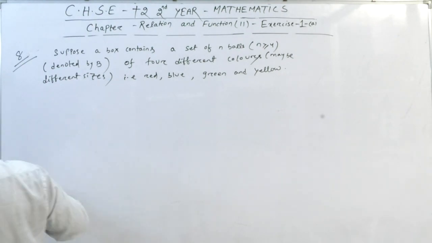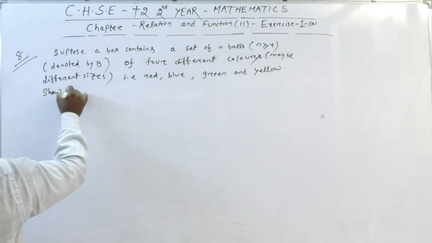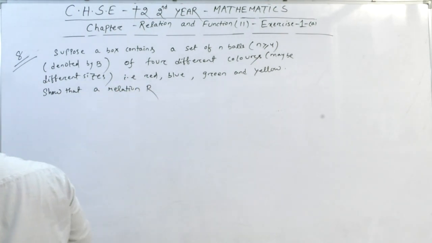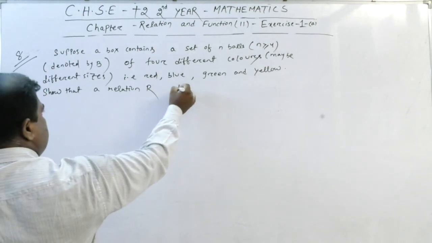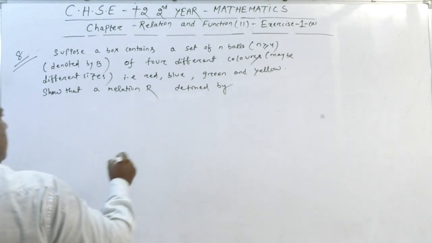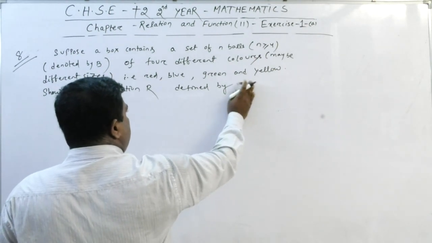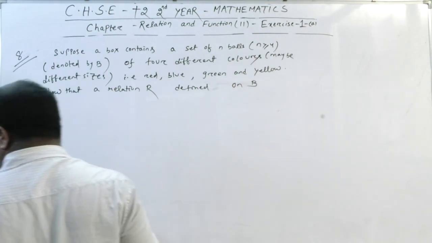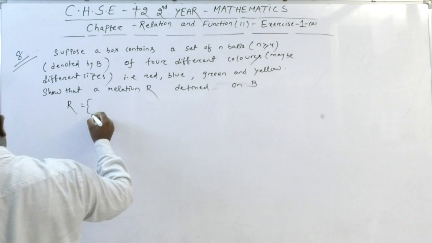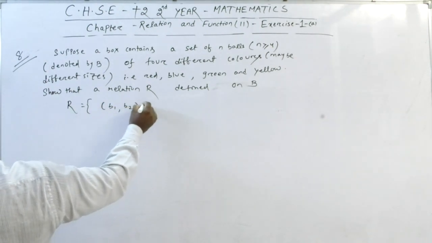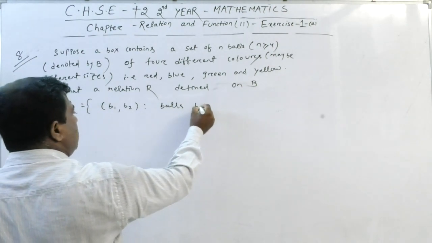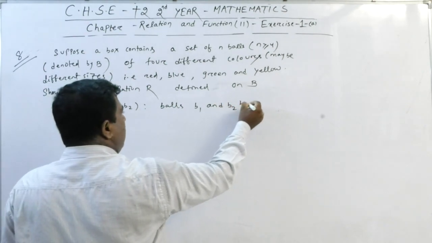So that a relation R defined on B as R equal to the ordered pairs (B1, B2) such that balls B1 and B2 have the same color.